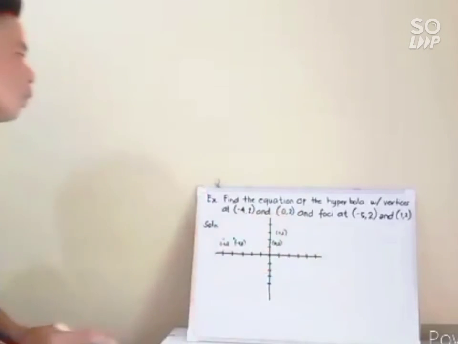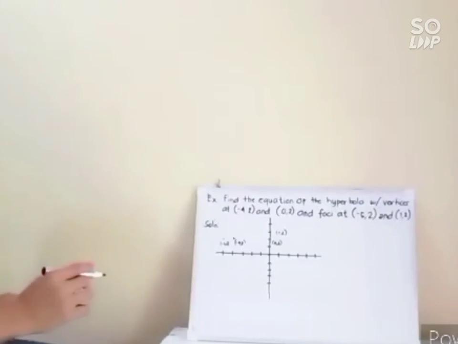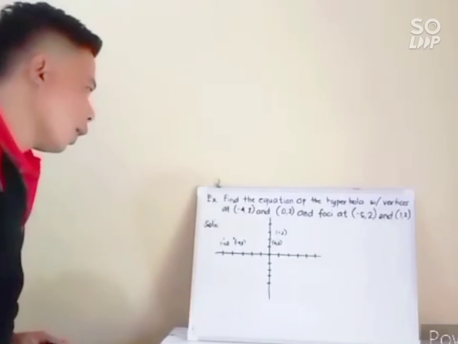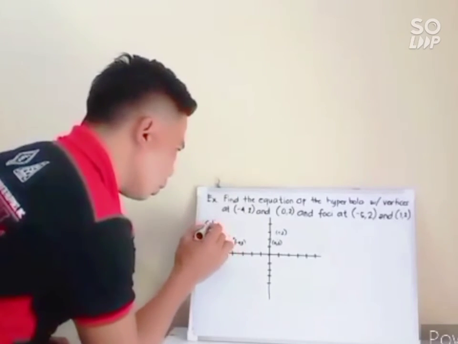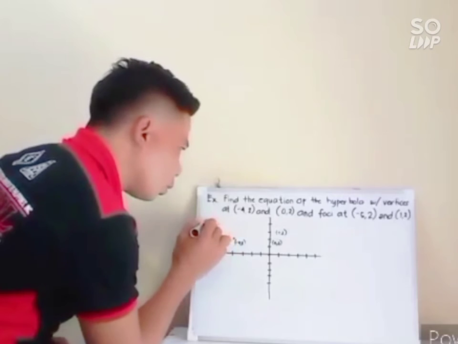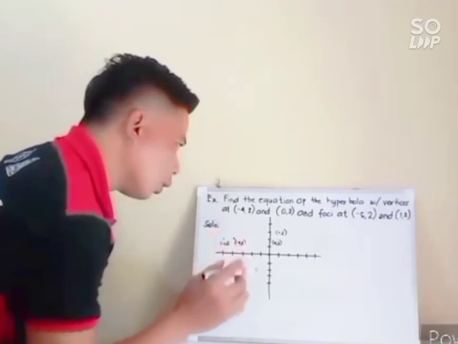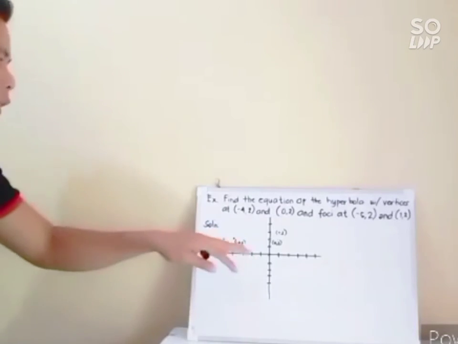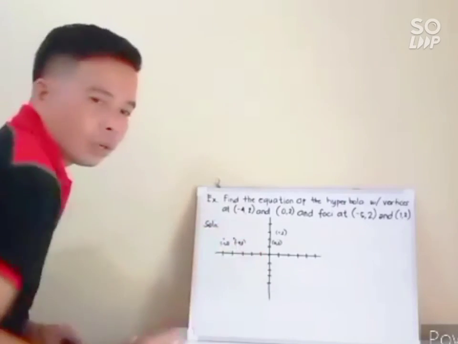From here we will draw our asymptotes. It will be like this. Now first we will look for the center so that we can draw our asymptotes.